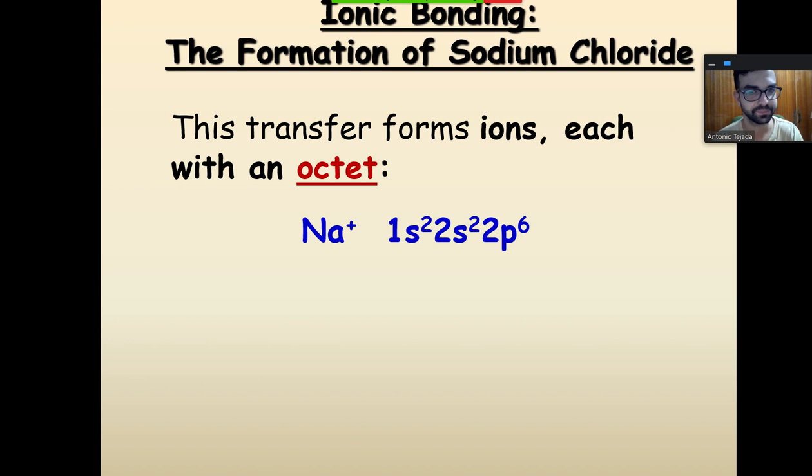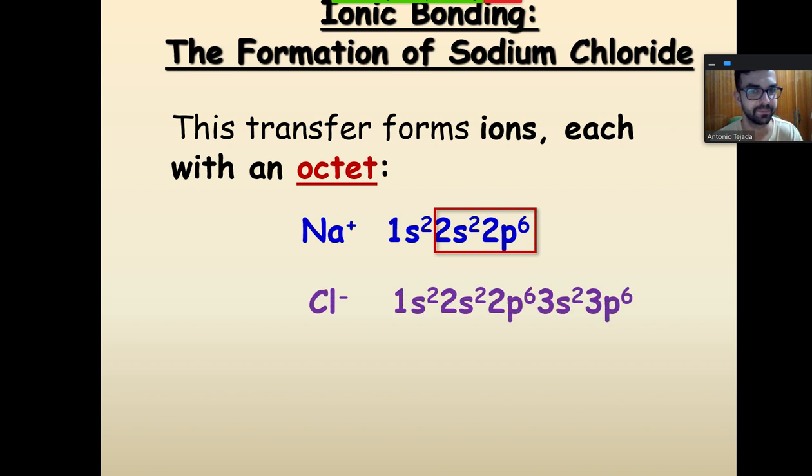So sodium will form a positive ion, a cation, because it's losing an electron, so it has one positive charge. And chlorine will form a negative anion.